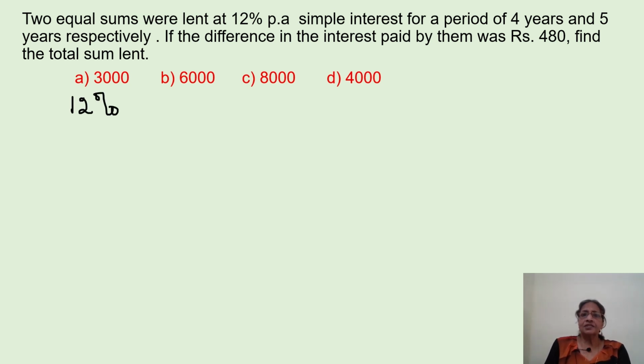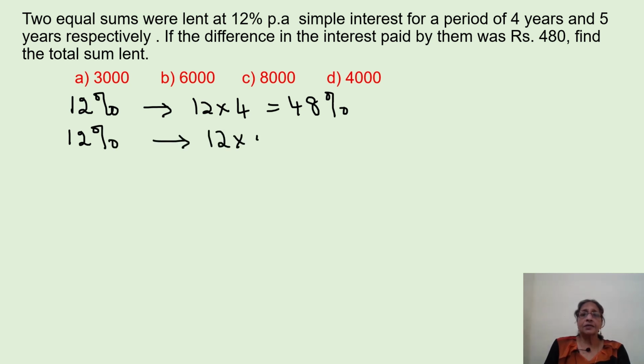So 12% for how many years? 4 years. So this would give you 48%. And the next one, 12% for 5 years.